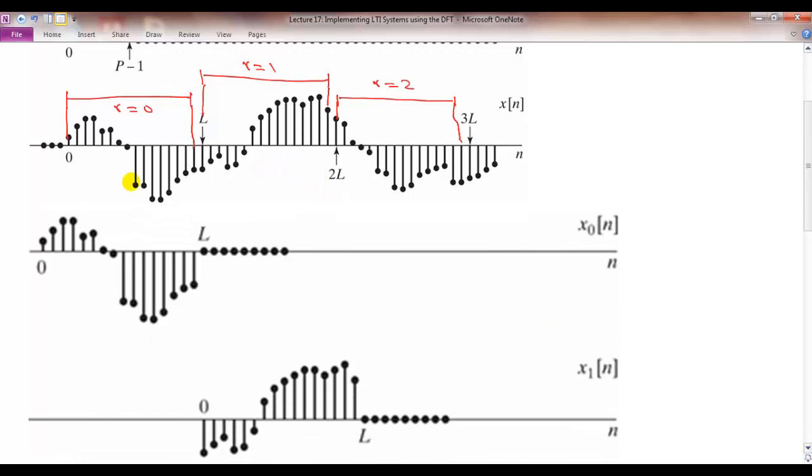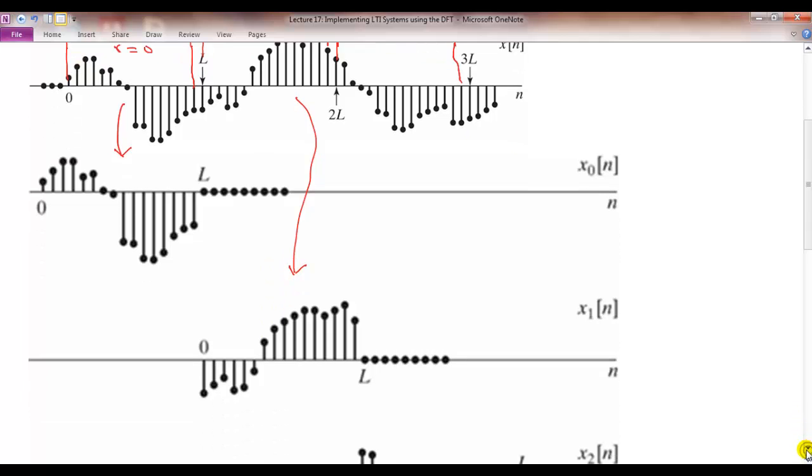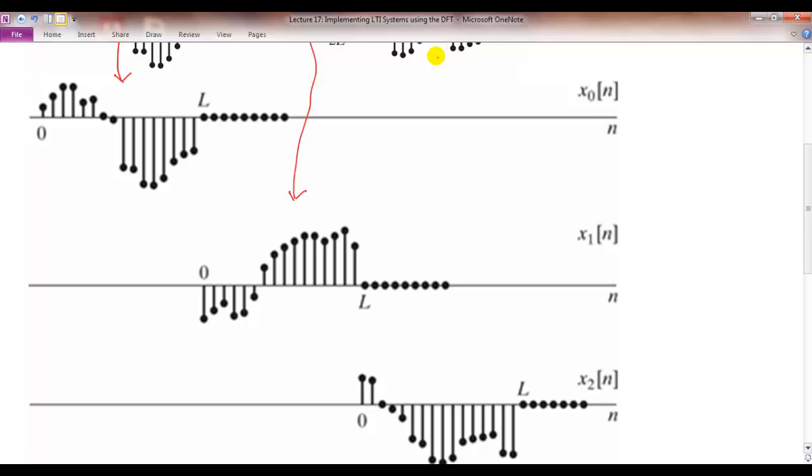This is x_0[n]. This is x_1[n]. The only thing is we have just moved it to, instead of index L, we have moved it to index 0. Okay, it's exactly the same block. Similarly, we can think about this thing which has gotten hidden, x_2[n]. Again, we have only moved it to the 0th location. So I can always write my signal into these non-overlapping pieces.